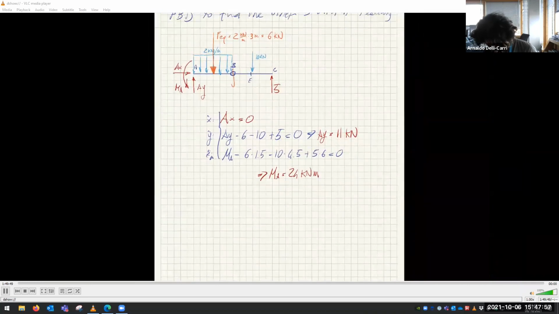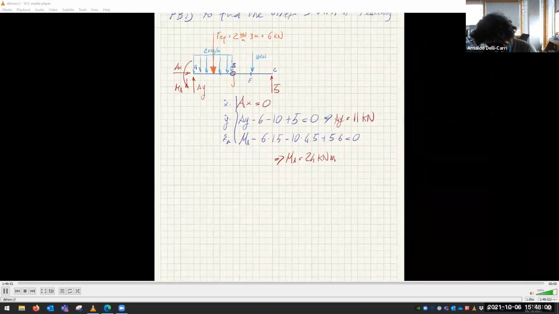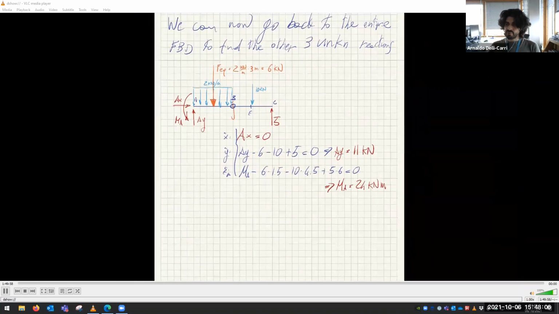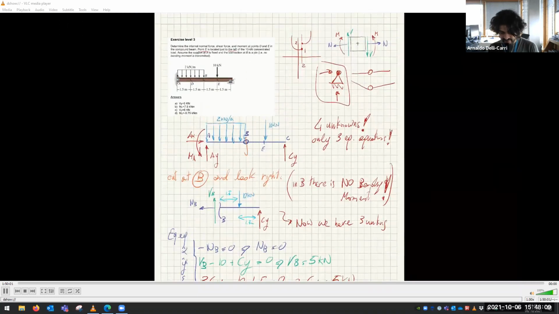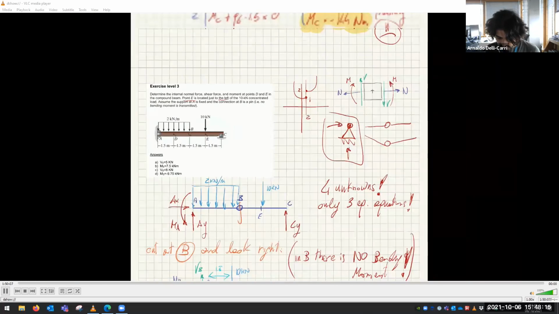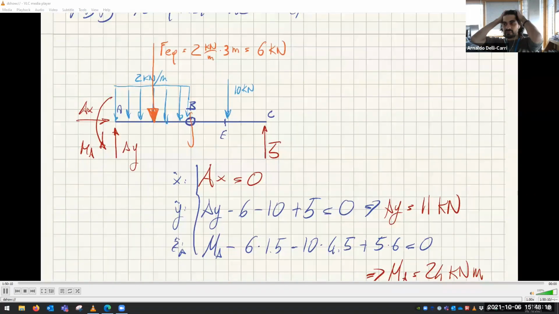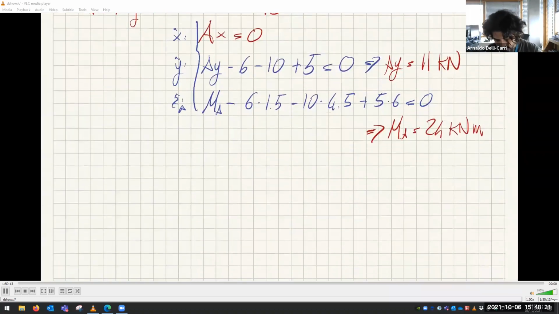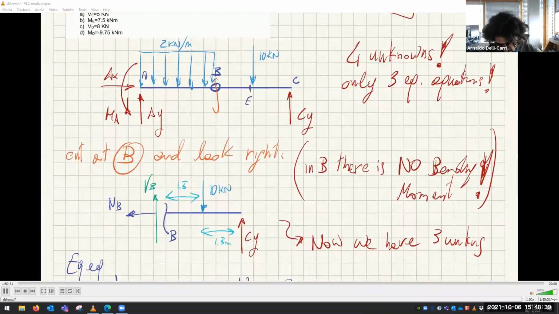Okay. Did we solve the question? Not yet, because we want to know what's happening in D and what's happening in E. So now that we have all external forces, we cut in, what was the point?